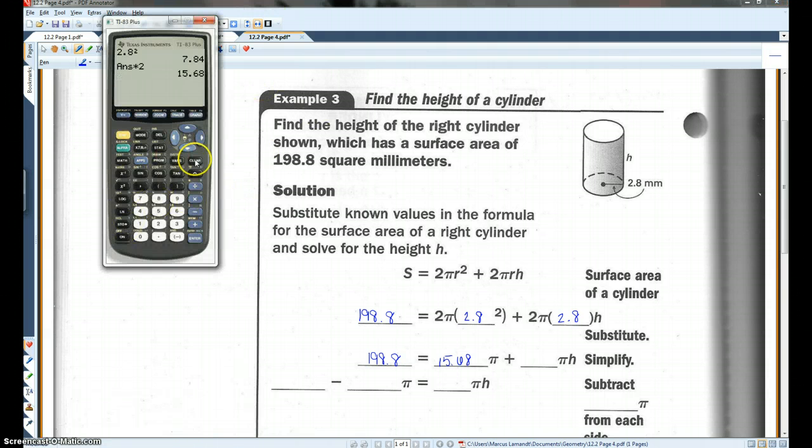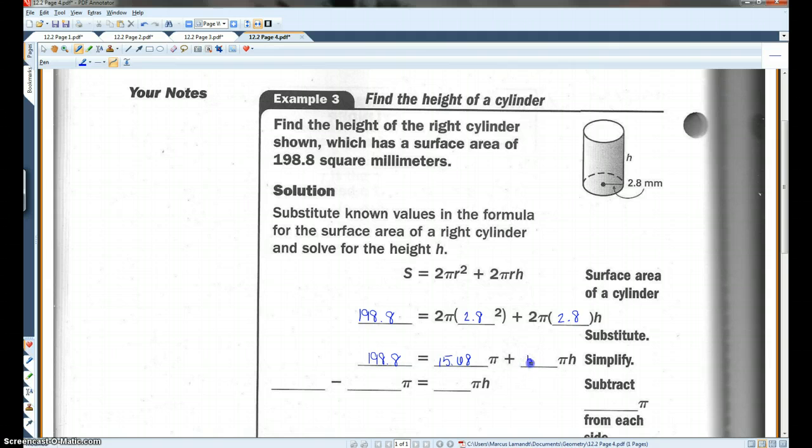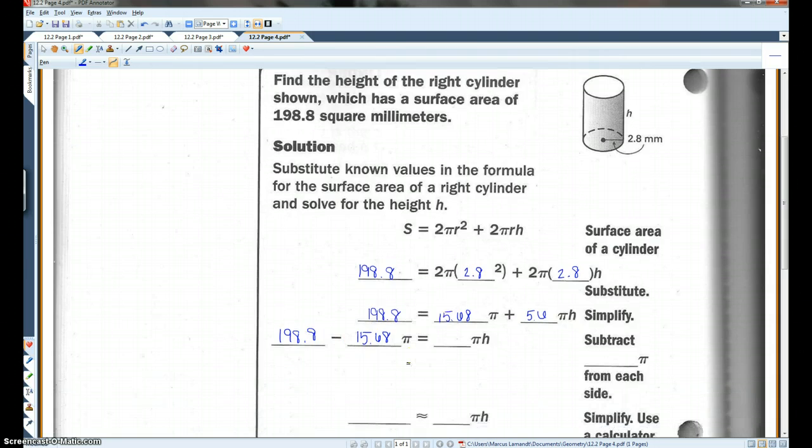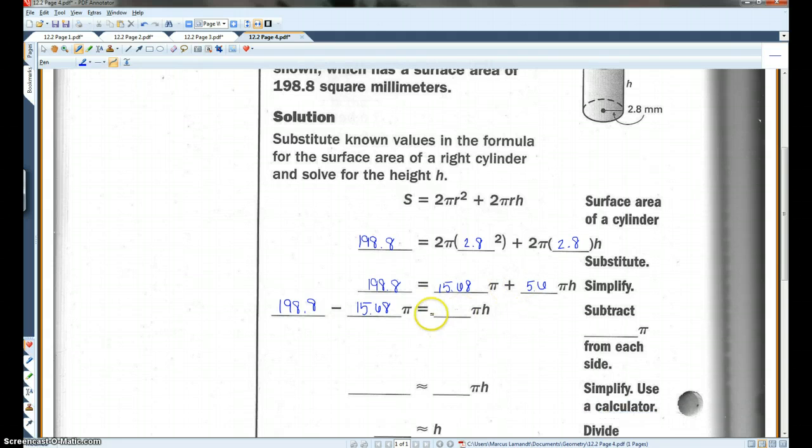And over here, 2.8 times 2, let me see, that'll give me 5.6. Okay. So, 198.8 minus 15.68 pi will equal 5.6 pi h.